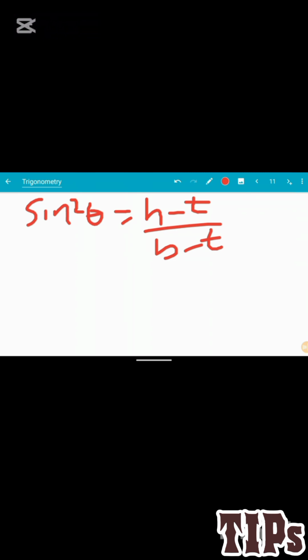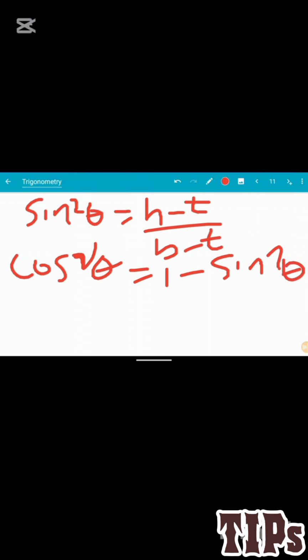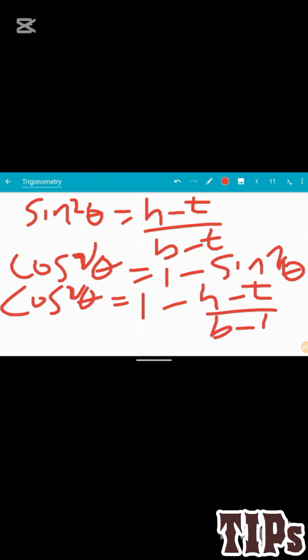Don't forget earlier, cos square theta is equal to 1 minus sine square theta. So cos square theta is equal to 1 minus h minus t divided by b minus t.